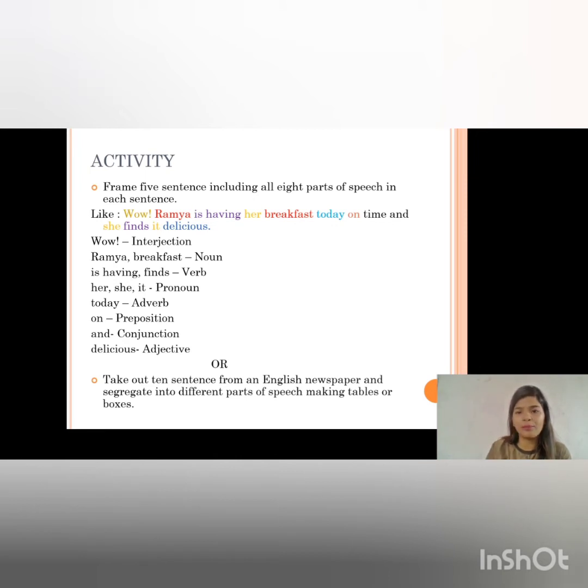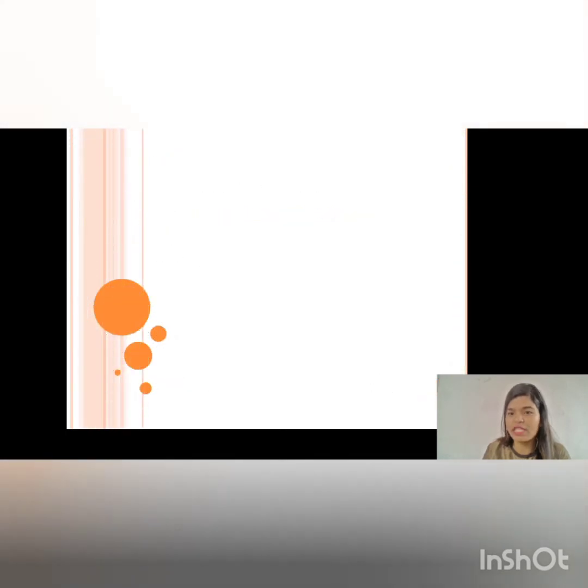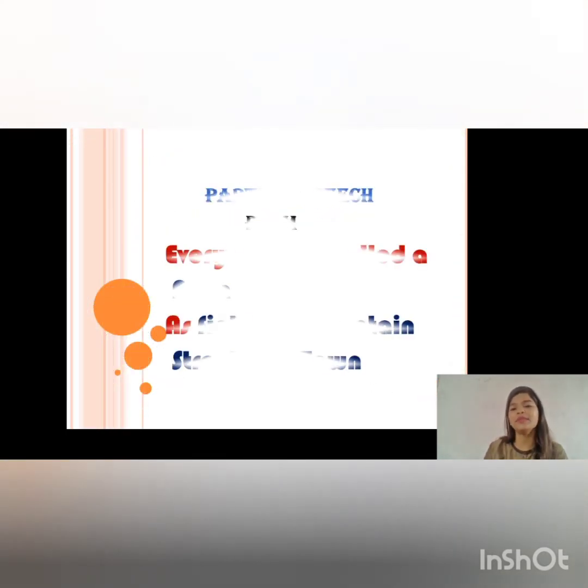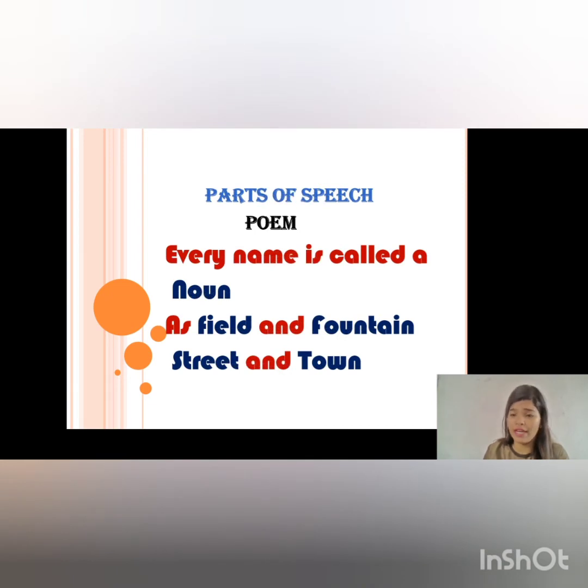Now let's move further to revise once again the parts of speech which we went through in the last class. Today we'll revise it in a different way, through a poem. Let's start the poem. Every name is called a noun, as field and fountain, street and town.